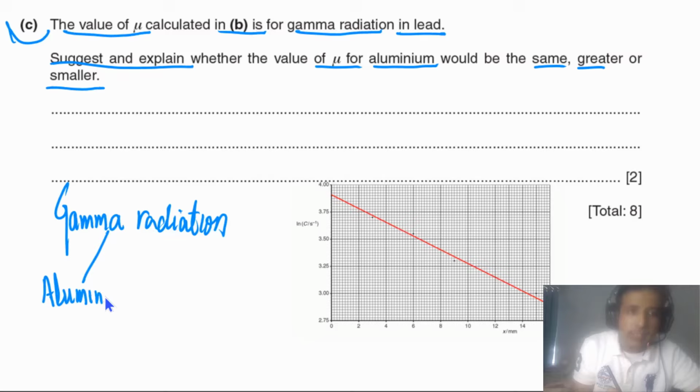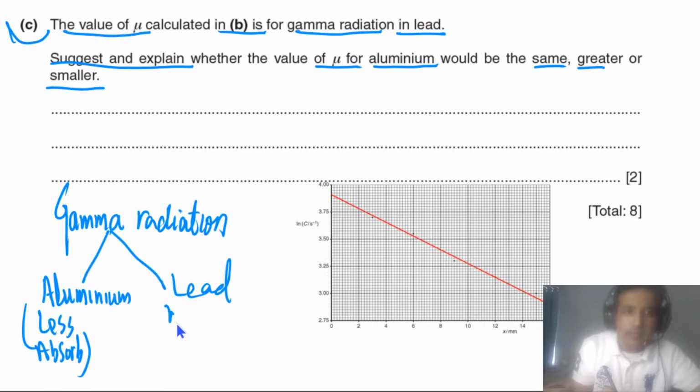So here we have aluminium and here we have lead. Aluminium absorbs less, and lead absorbs more. If it absorbs more, mu will be greater for lead and mu for aluminium will be less.